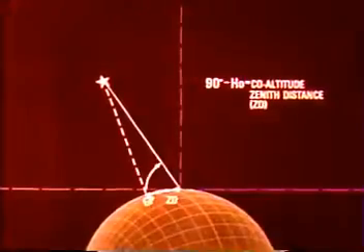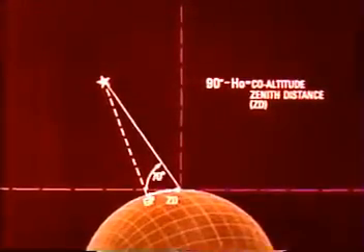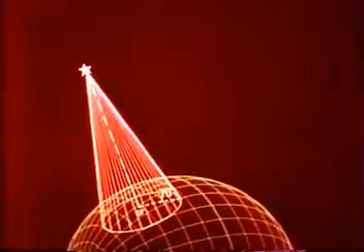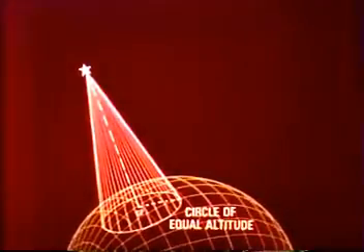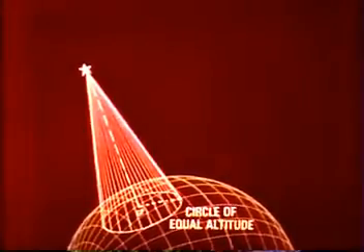Let's say you have obtained a sextant observation of 70 degrees on a star. You can see that a 70-degree measurement can be made from any number of points. You immediately know that you are someplace on this circle, called a circle of equal altitude.